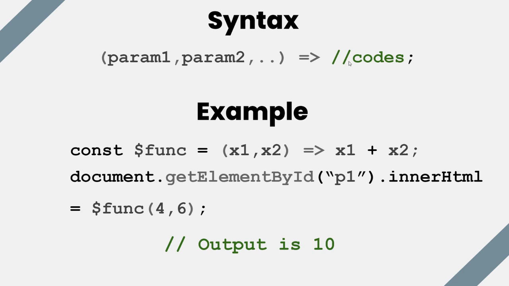So you can see from the syntax, there is no function name, there is no function keyword, there's no return keyword, and there's also no curly braces. So that's how fast and how easy this syntax is. And so looking at the example, we have our variable declaration. Now this variable declaration is quite important because we do not have a function name.